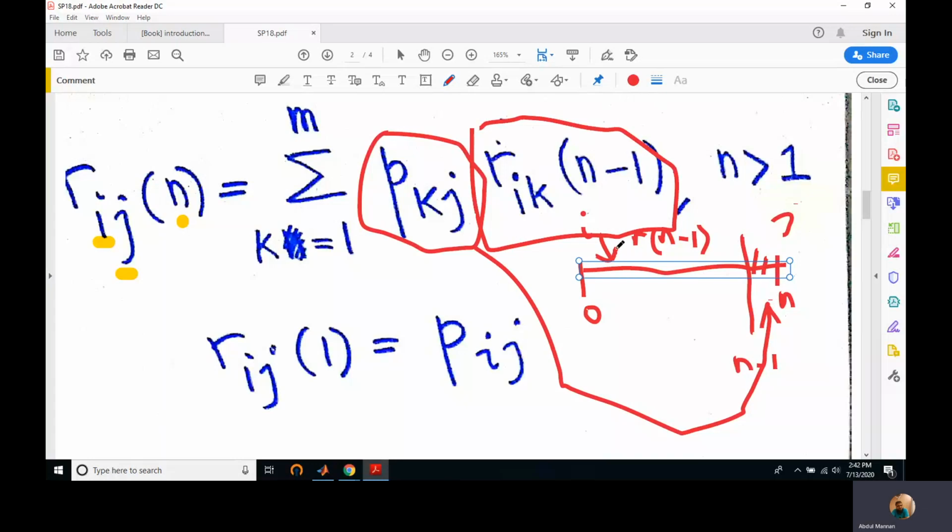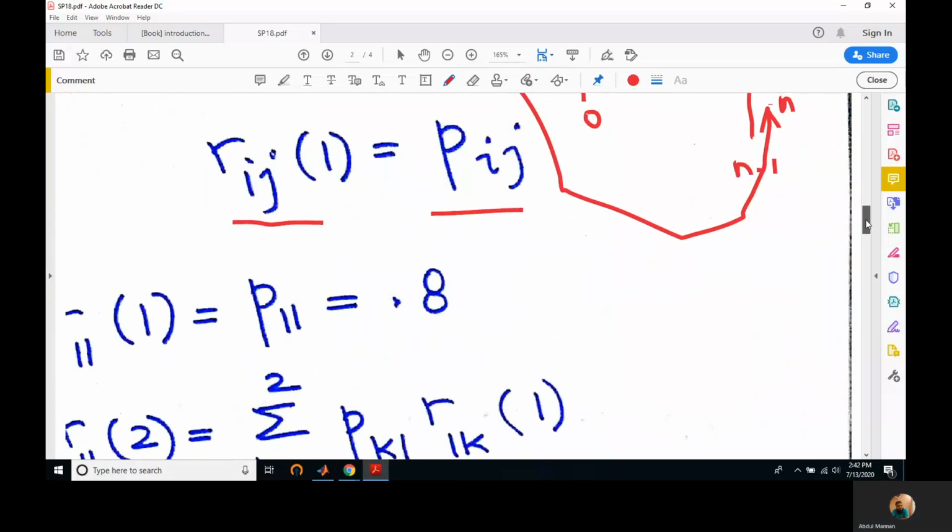So this is how we decompose the Rij of n formula into n minus 1, and we keep going until we reach the base value. This formula is defined for n greater than 1, whereas Rij of 1 is simply the transition probability Pij.